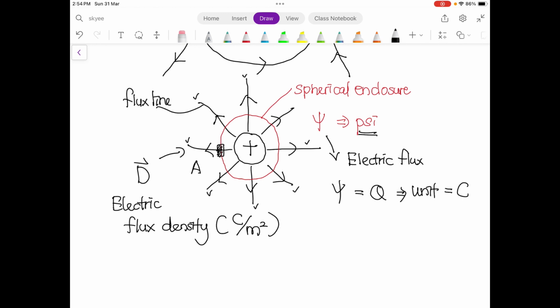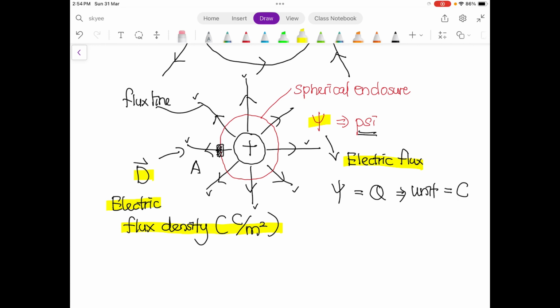Maybe you'll be a bit confused. In this case, you have learned two new parameters: one is the electric flux, and the other is D, the electric flux density. You need to understand these two things because they will be the fundamental of Gauss's law later.